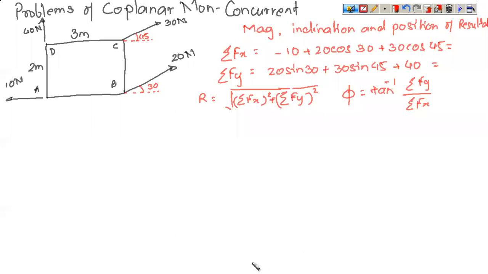Now coming to the third part, that is position. For position, you need to apply Varignon's theorem. To find out the position, if you talk about position, position means distance. If you talk about distance, the first thing is reference. What is your reference? Reference is something that is arbitrary, or you can say it is your own choice.